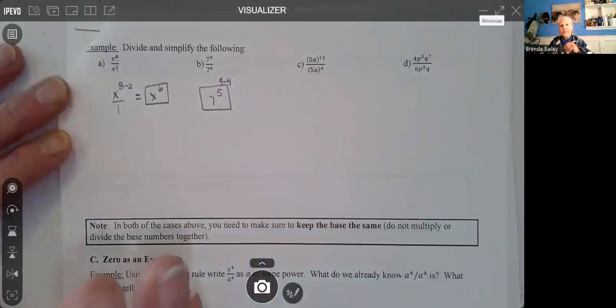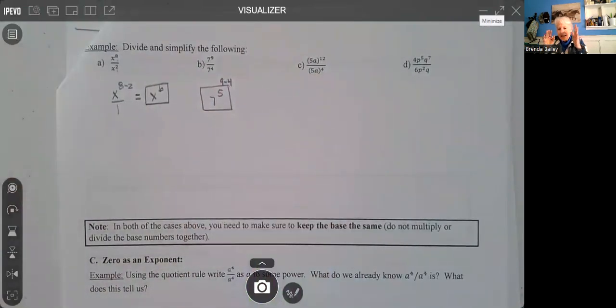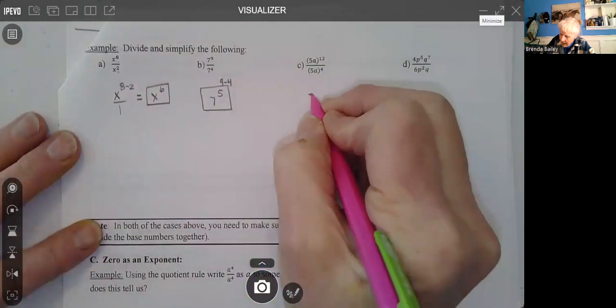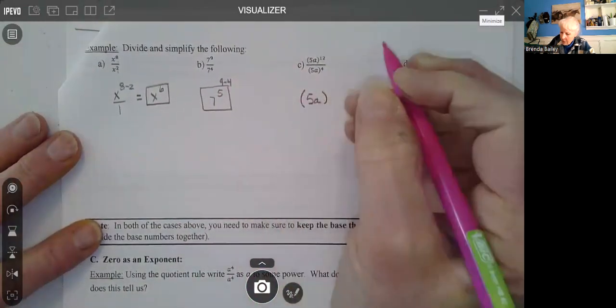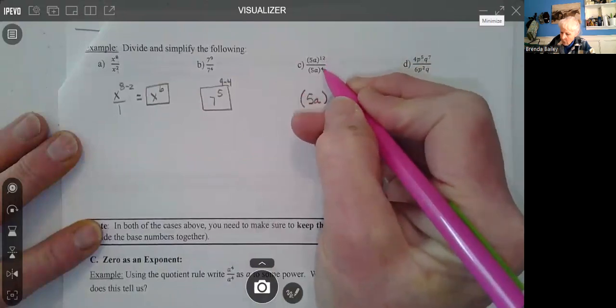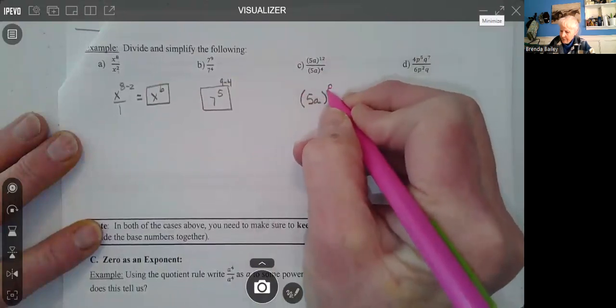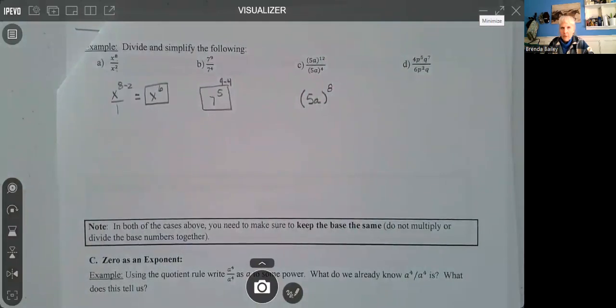Okay, now let's look at C. C, I have these parentheses, and it's kind of like the other one that we had, the R plus S. So we've got the 5a to the 12th power and the 5a to the 4th power. So what we'll do is we'll have 5a, and you do need to use the parentheses, to the 12 minus 4, which is 8. All right, 12 minus 4.